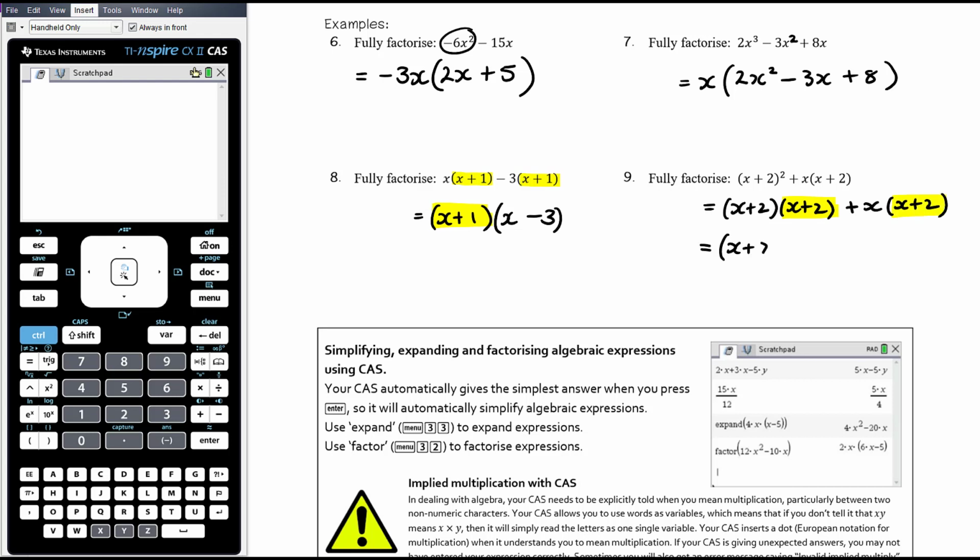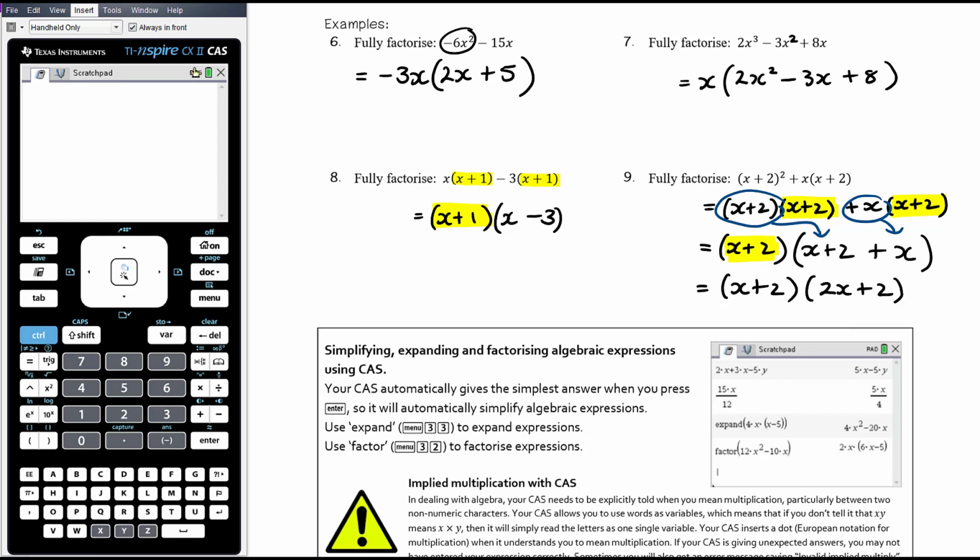So when we take that bracket out, from this first term we're left with an x plus 2, and from here we're left with an x. So we have x plus 2 and then plus x. And then obviously there are some like terms in there that we could collect together to simplify fully. So x plus 2 times 2 lots of x plus 2.